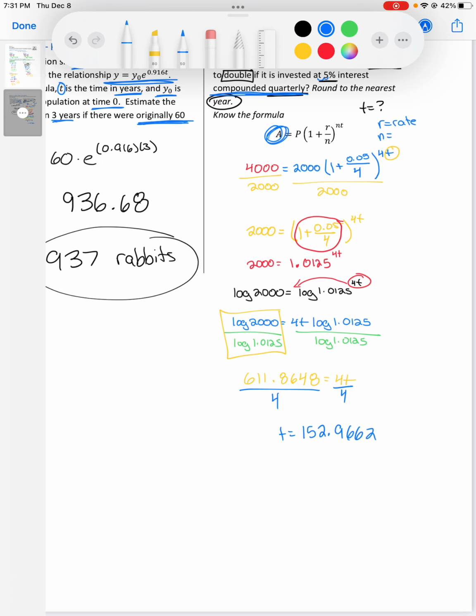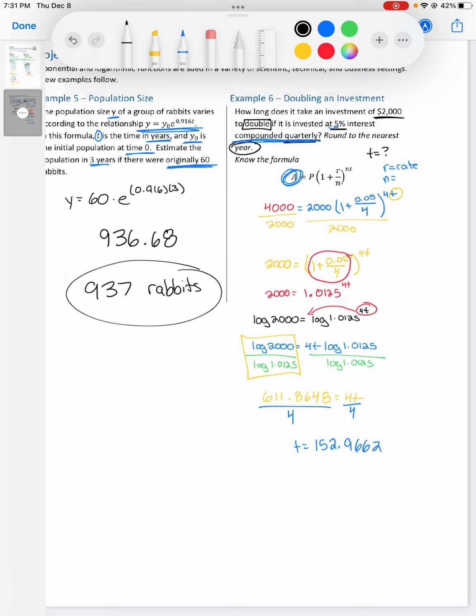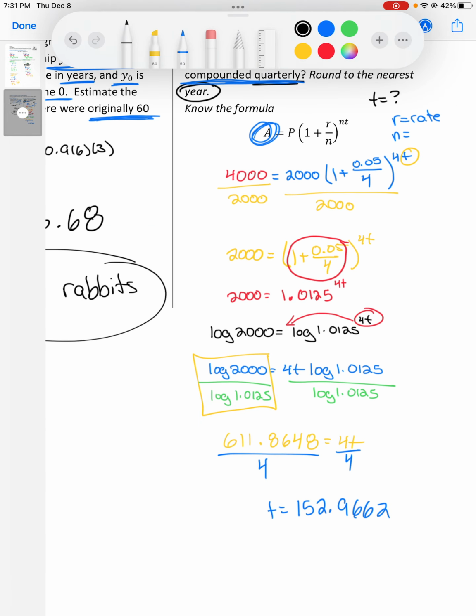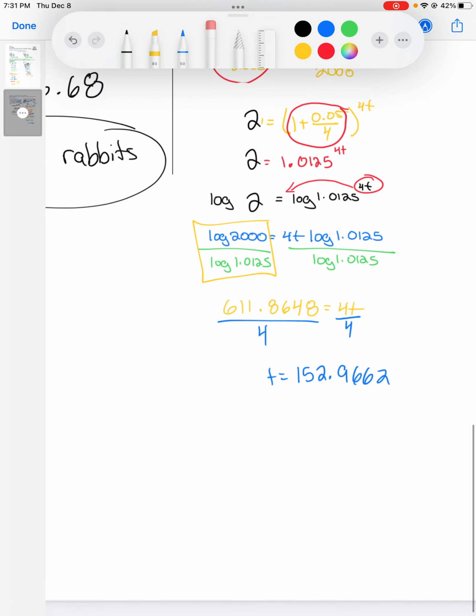Oh, no wonder, I did something wrong. Sorry, I did some bad math here for a second. If you go back up here, 4,000 divided by 2,000, we're dividing, not subtracting. So that does not equal 2,000. Sorry, you're probably wondering. It's 2. That's why the numbers are all too big.